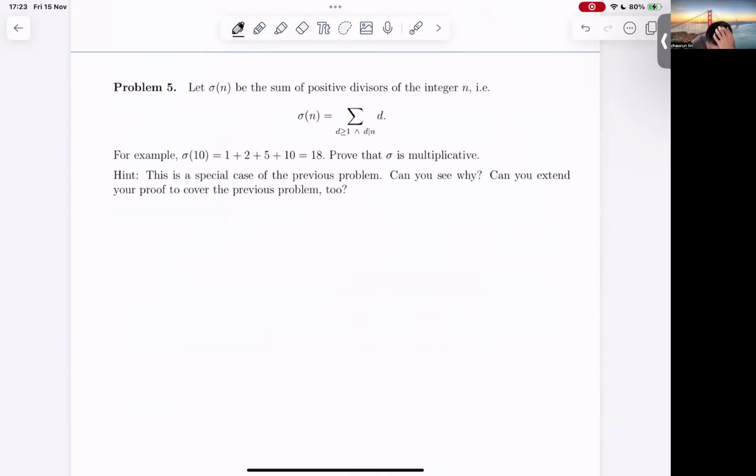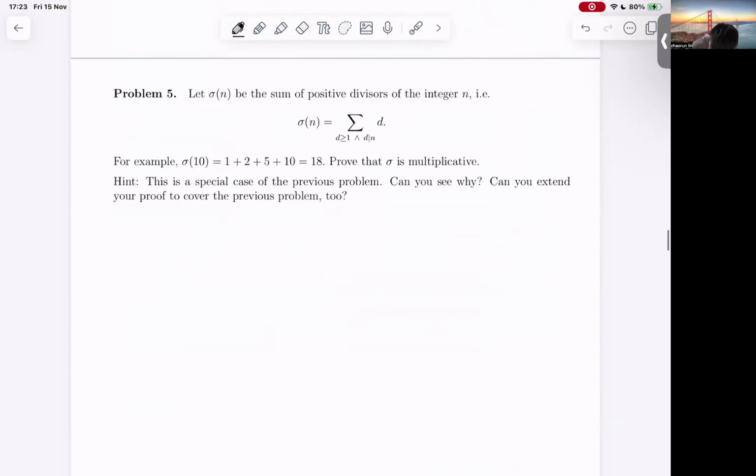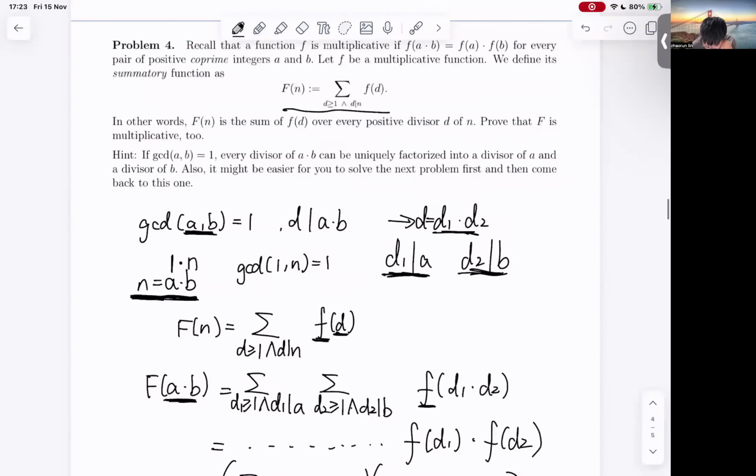And for problem 5, let sigma(n) be the sum of the positive divisors of the integer n. So it's this sum. And we need to prove that this sigma is multiplicative. It's actually easy. It's a special case of the previous problem. We just need to set f(d) equals d, and everything else is the same, right?